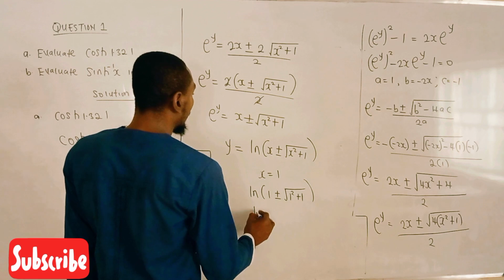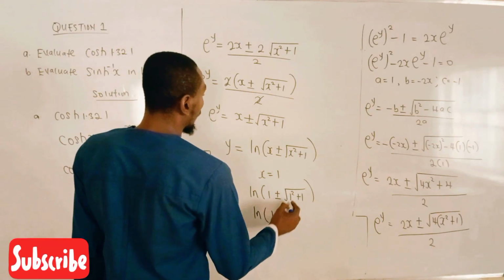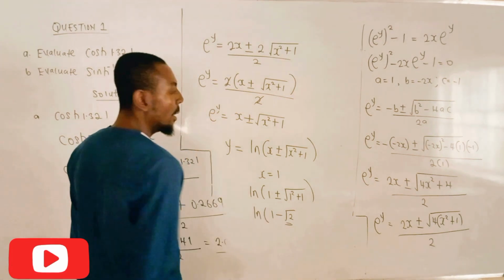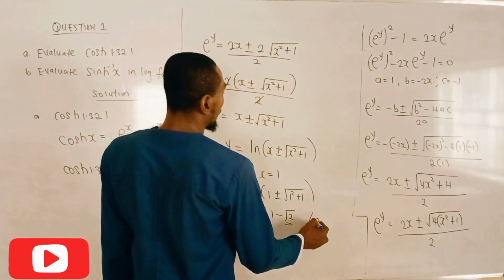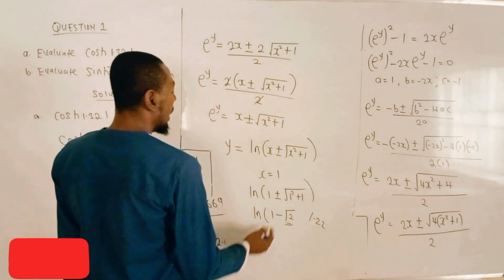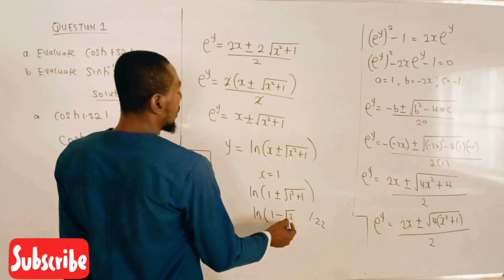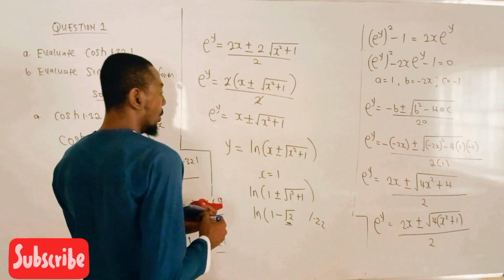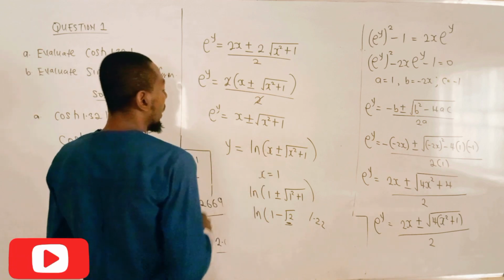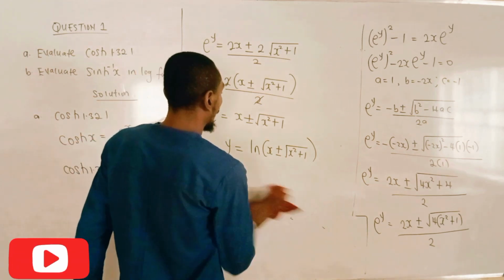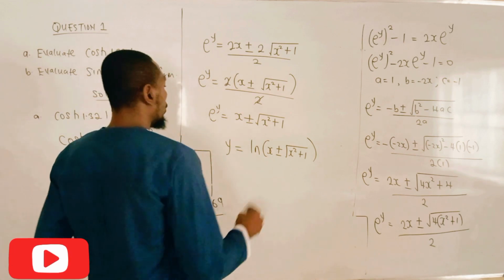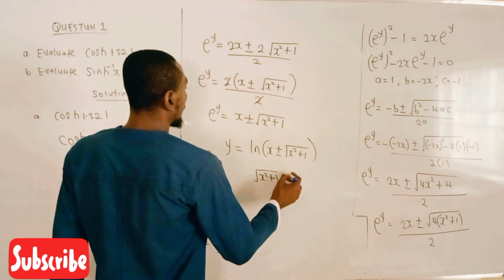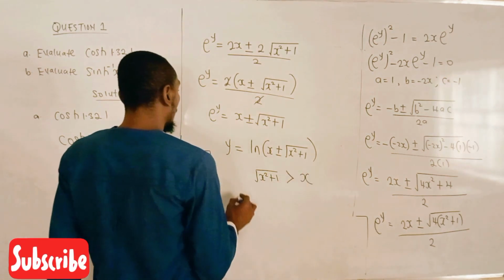And if we use the negative, the square root of 2 is already more than 1. Square root of 2 will give you 1 point something. And then 1 minus a number greater than 1, that's the square root of x squared plus 1 is greater than x. The square root of x squared plus 1 is greater than x.